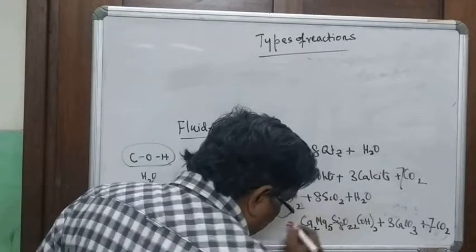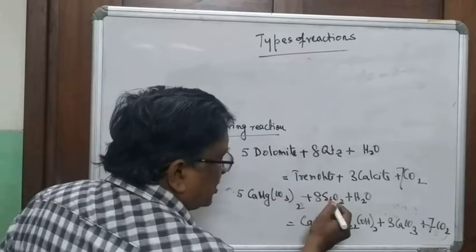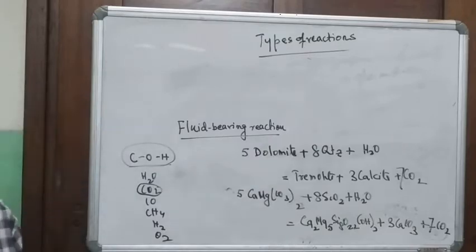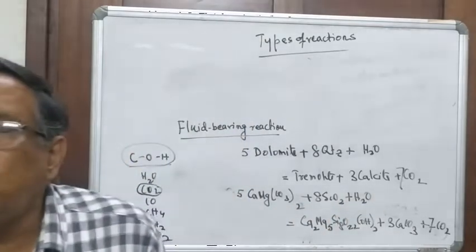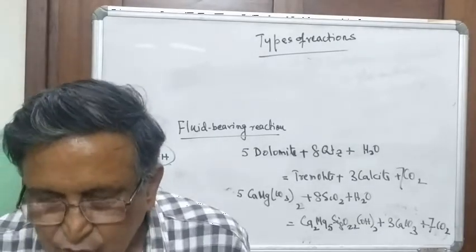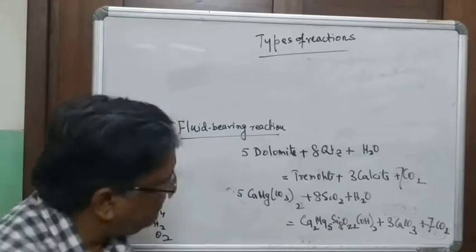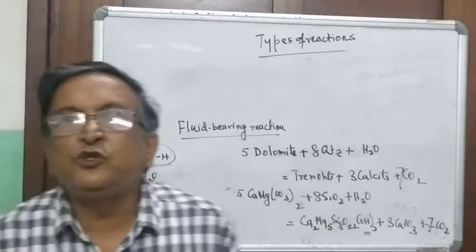So if the reaction goes in this direction, then dolomite plus quartz would react with H2O to produce tremolite plus calcite and liberate carbon dioxide. So going this way, it would act as an H2O sink. Have you understood? It would act as an H2O sink because it consumes H2O, and because it consumes, it stabilizes OH2.